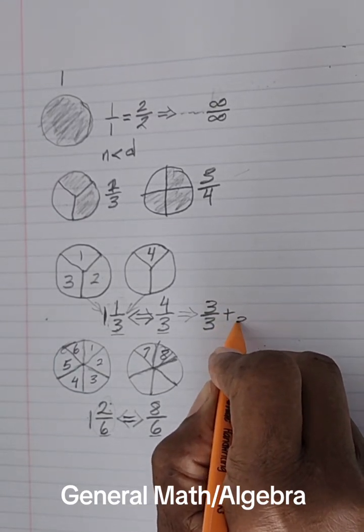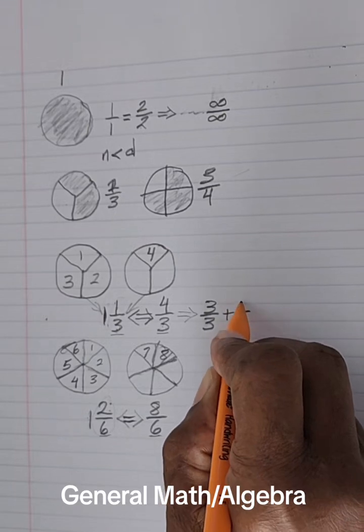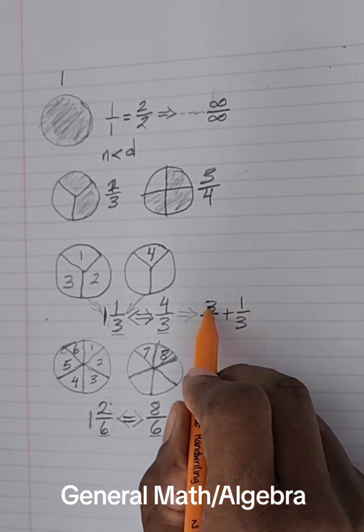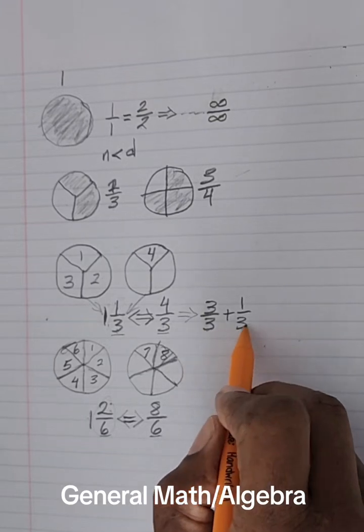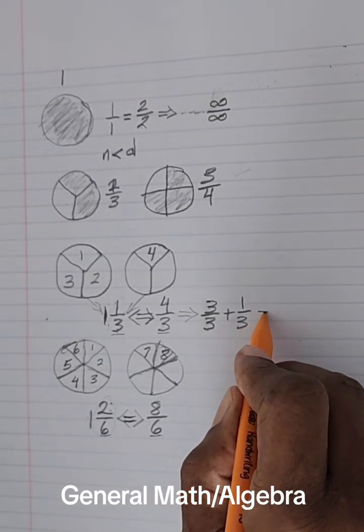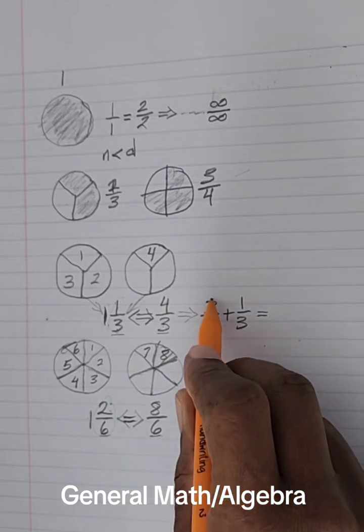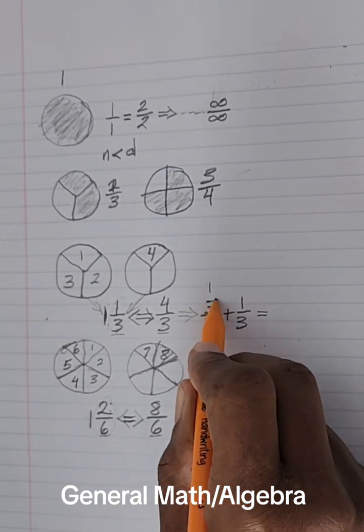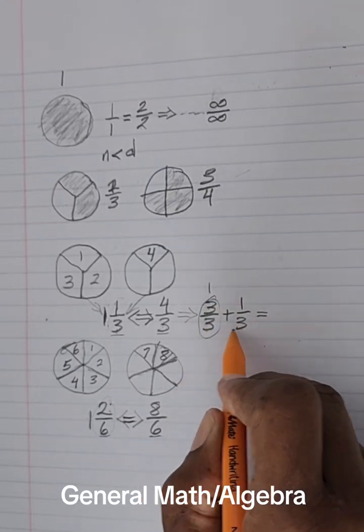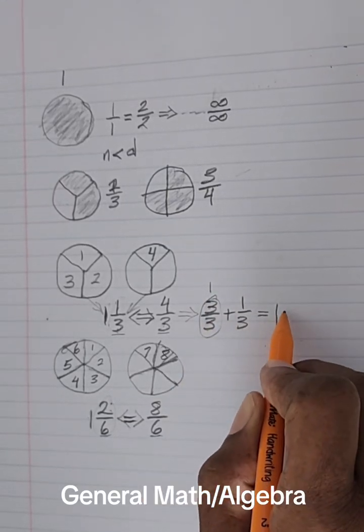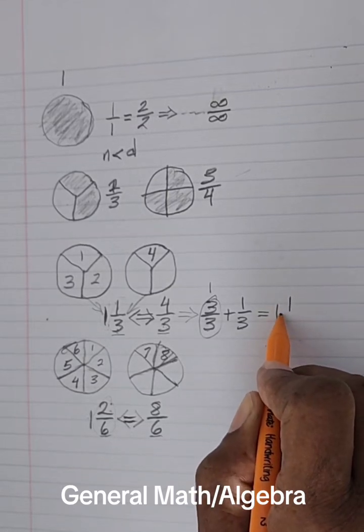Only 1 third is left. That's how we get 4/3, right? So we have 1 here. So we write it as 1 and 1/3.